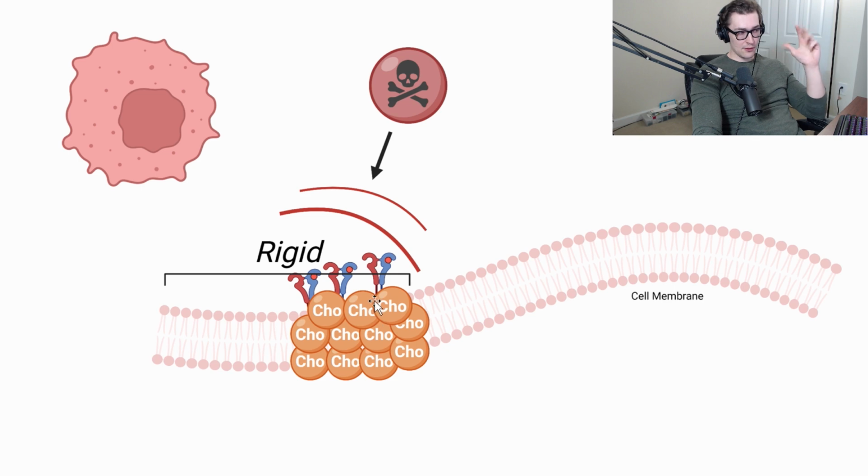So with cholesterol, for example, when you have cancer cells that need to move from one area of the body to another, meaning that they're trying to metastasize, the more fluid the membrane is, the better. Think of it like your body. If you're really stiff, it's hard for you to move.